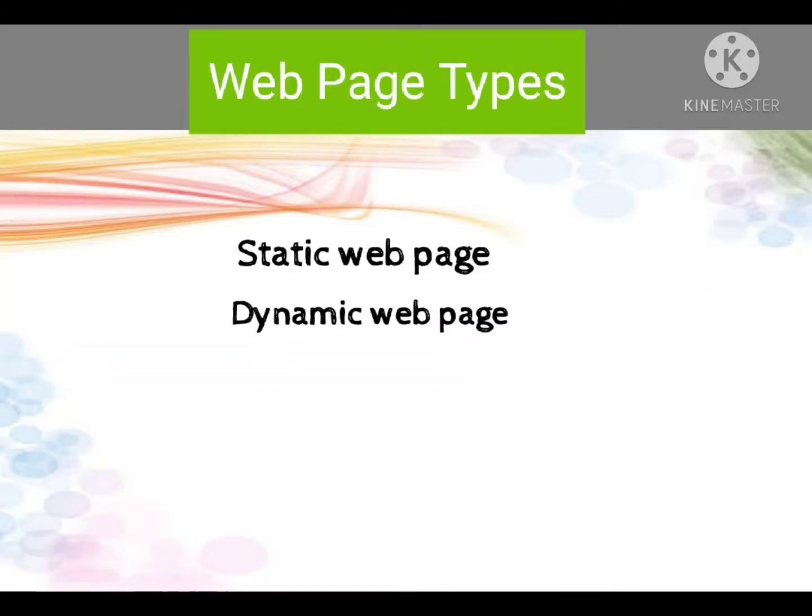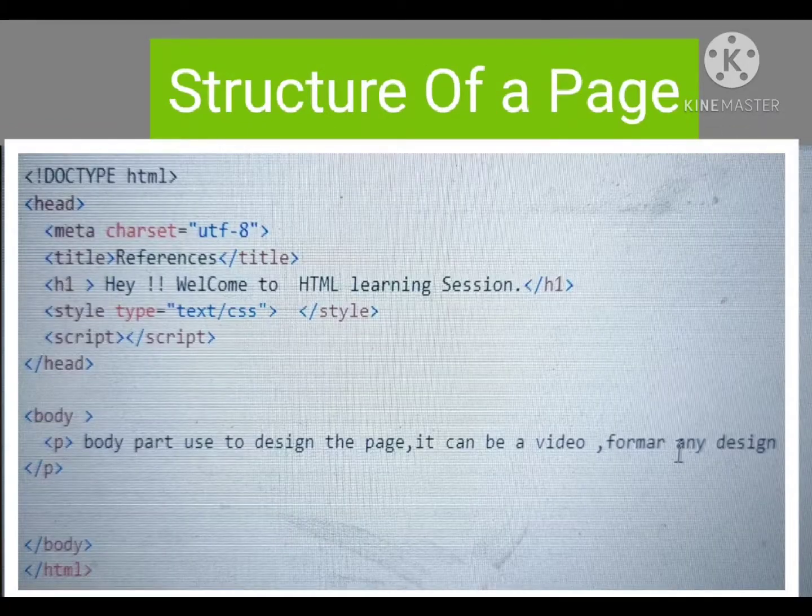Dynamic means it can change, the changes we make can be seen immediately, and even the changes can be visible to all. A static page never changes; it is hard-coded fixed content.